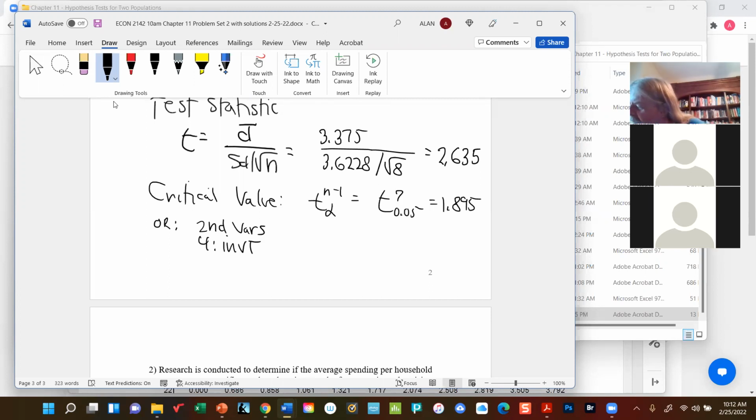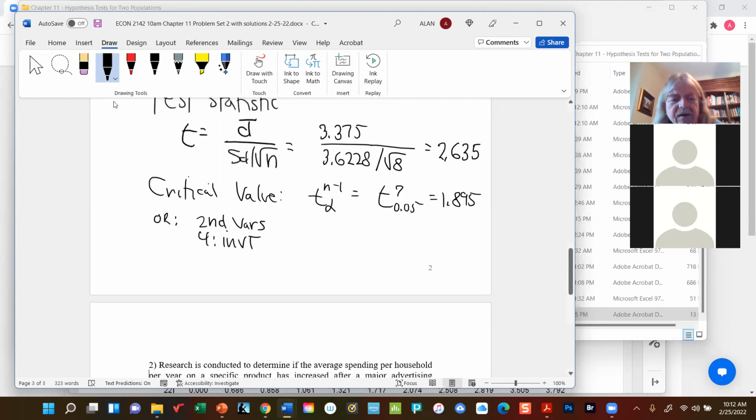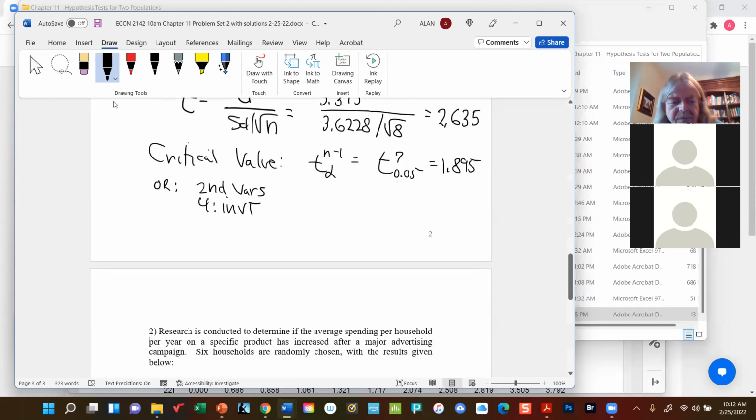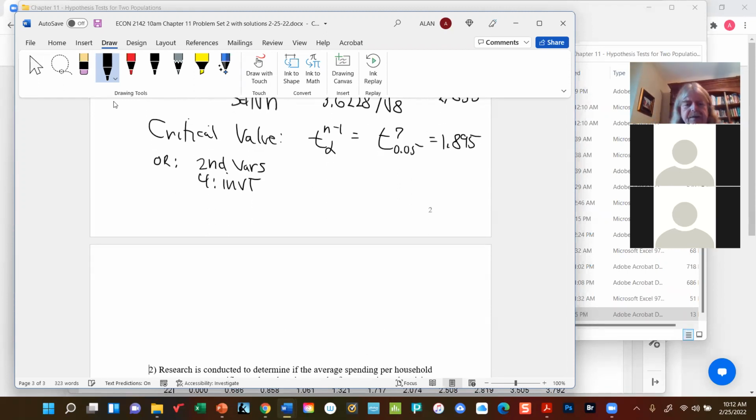And when you choose INVT, it really only needs 2 things. It needs an area and it needs degrees of freedom. Okay, so because we're looking at the right tail, whatever this number is, 5% is in the right tail.